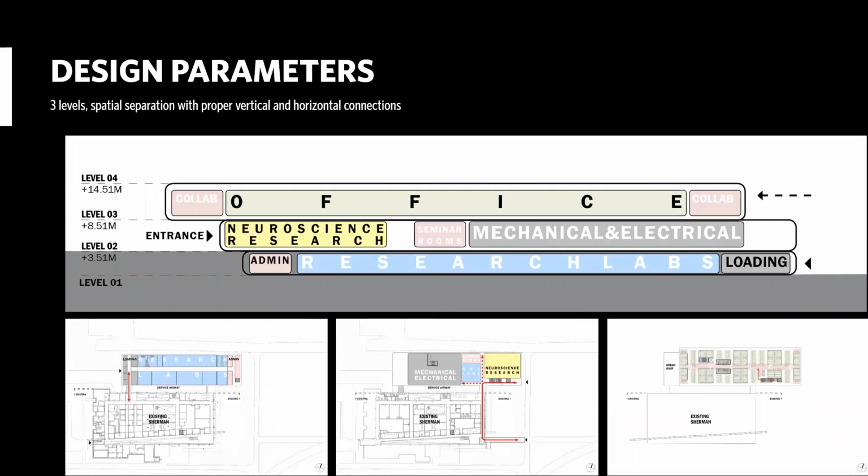The client wanted a special separation between the program blocks, so we organized the building in 3 connected levels with links to the existing building at key circulation points. The wet labs are in the lower level, the dry labs and some other public functions are on the main level, and the faculty and graduate students are on the top floor.